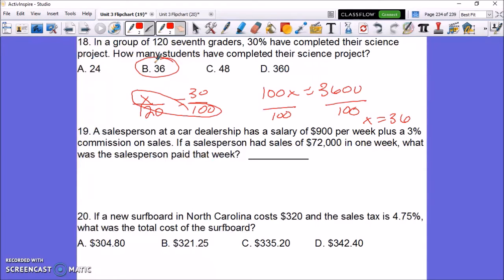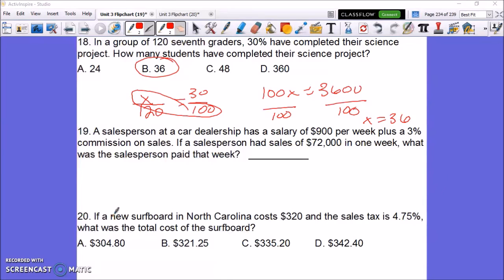All right, number 19. A salesperson at a car dealership has a salary of $900 per week plus a 3% commission on sales. If a salesperson had sales of $72,000 in a week, what was the salesperson paid that week?